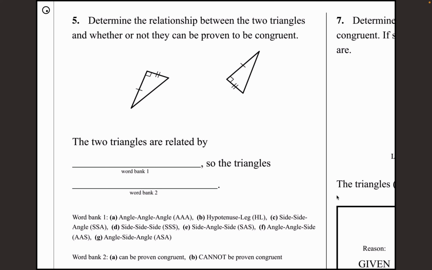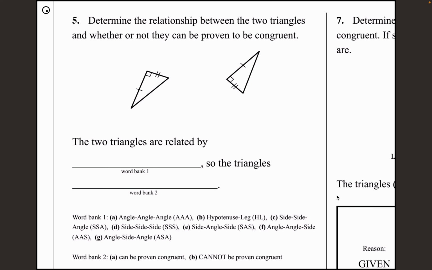But do we have the hypotenuse and one of the legs? We don't have the hypotenuse. The hypotenuse is the diagonal line. It's the one directly across from the 90-degree angle. So this is not marked. Okay, so it cannot be HL because the hypotenuse is not marked.